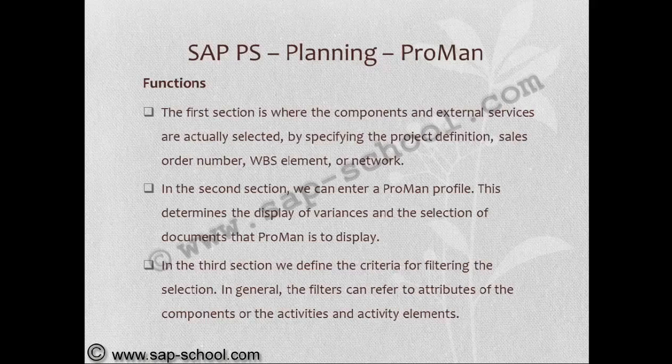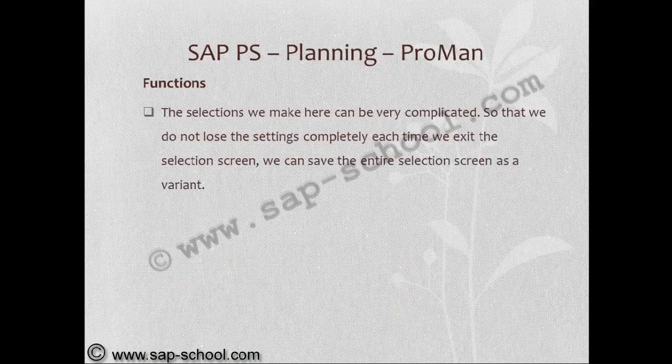In the third selection, we define the criteria for filtering the selection. In general, the filters can refer to attributes of the components or the activities and activity elements. The selections we make here can be very complicated, so that we do not lose the settings completely, each time we exit the selection screen, we can save the entire selection screen as a variant.